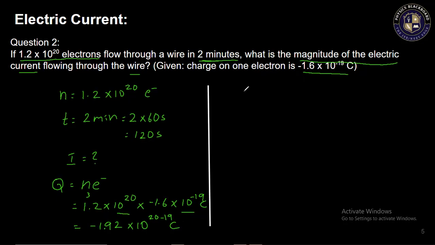So further, if you solve this, the total charge will be minus 1.92 into 10. So finally, what you will get, if it is multiplied with 10, is minus 19.2 coulombs, which is the total charge.